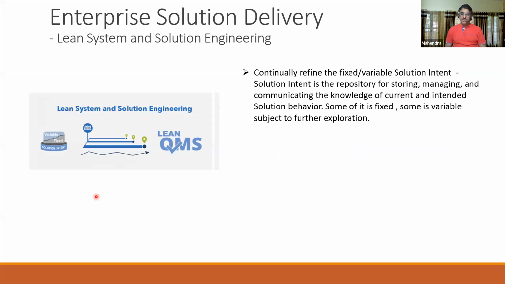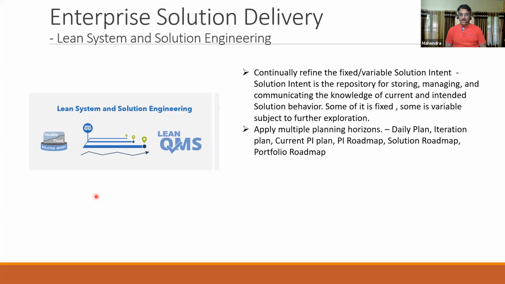Here we talk about a solution intent, wherein there's a fixed part of the solution intent and a variable part, which is subject to further exploration. And you are talking of planning at multiple levels, right from the daily stand-ups which the teams have, which is also a planning event.